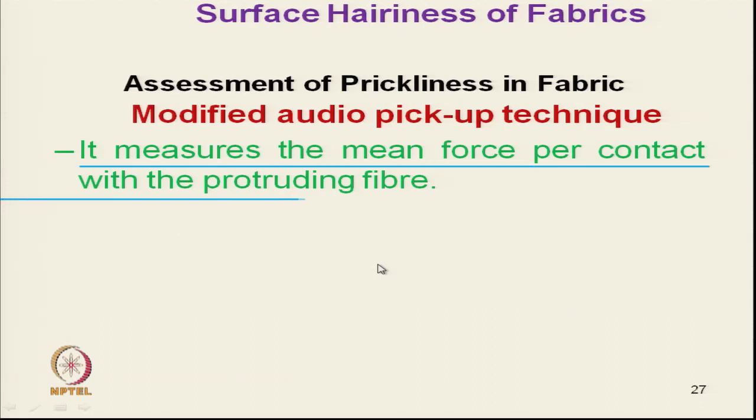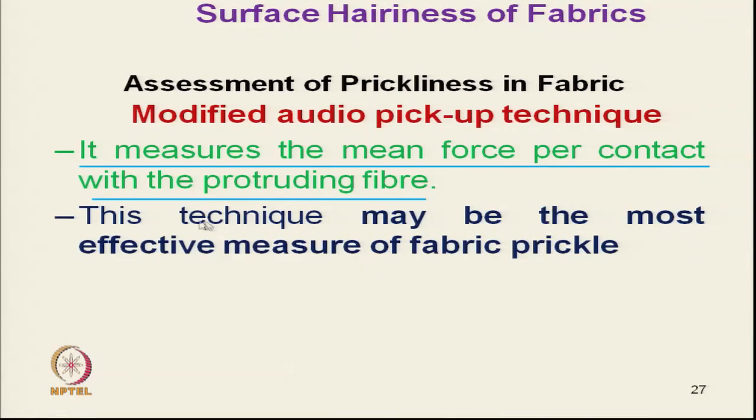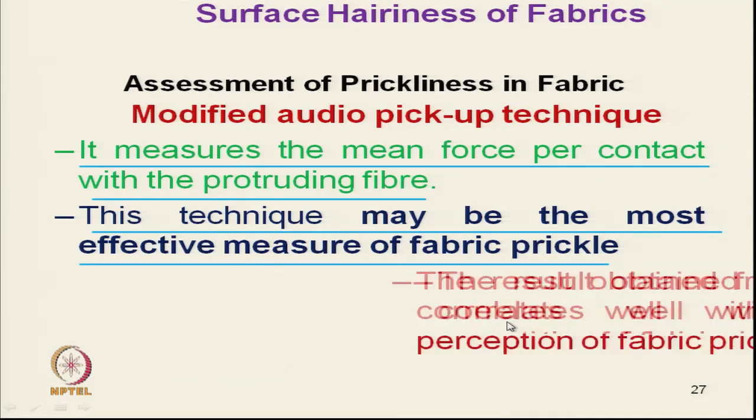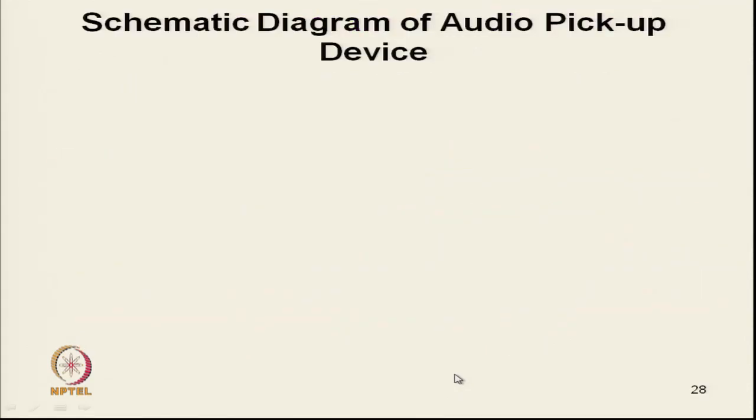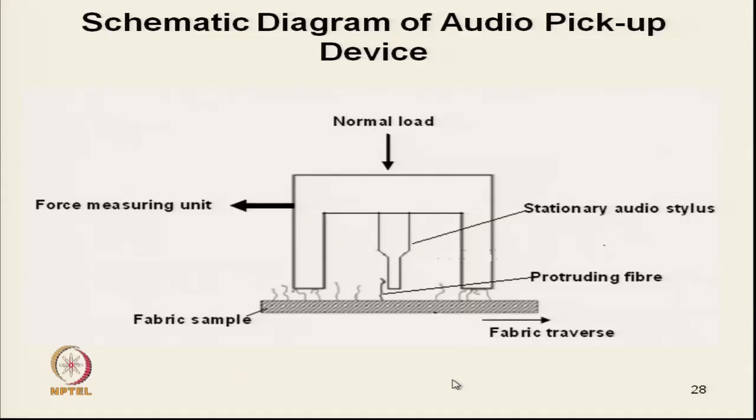This technique may be the most effective measure of fabric prickliness, and the result obtained from this instrument correlates well with the subjective perception of fabric prickle, which is directly related with the hairiness, yarn hairiness or fabric hairiness. And this is the schematic diagram of the instrument.